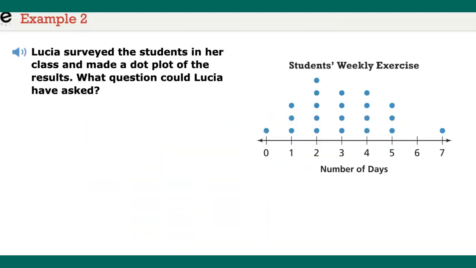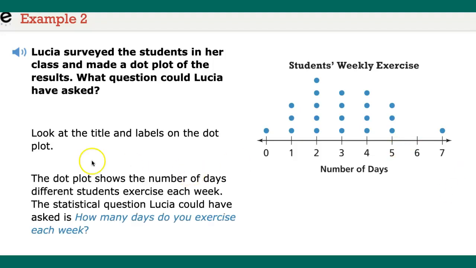Let's look at this one. Lucia surveyed the students in her class and made a dot plot of the results. What question could Lucia have asked? We call this a dot plot. It shows the number of days and the number of students who exercised for that many days. Look at the title: dot plot, students' weekly exercise.